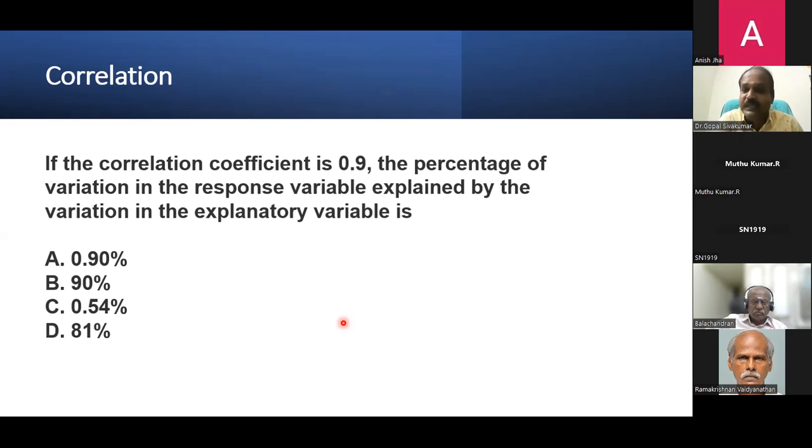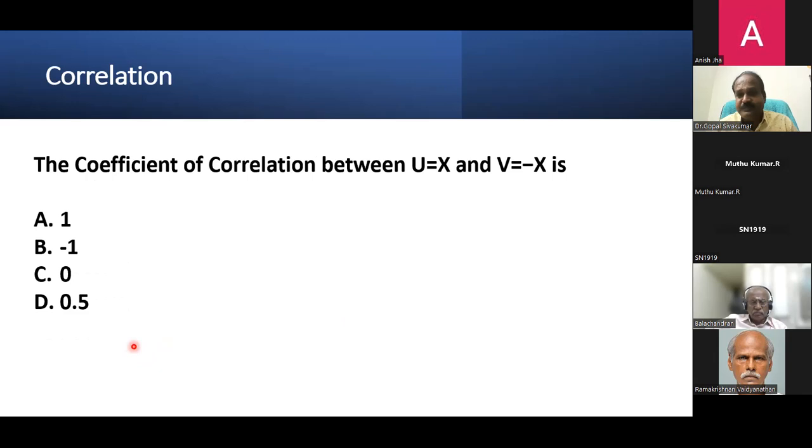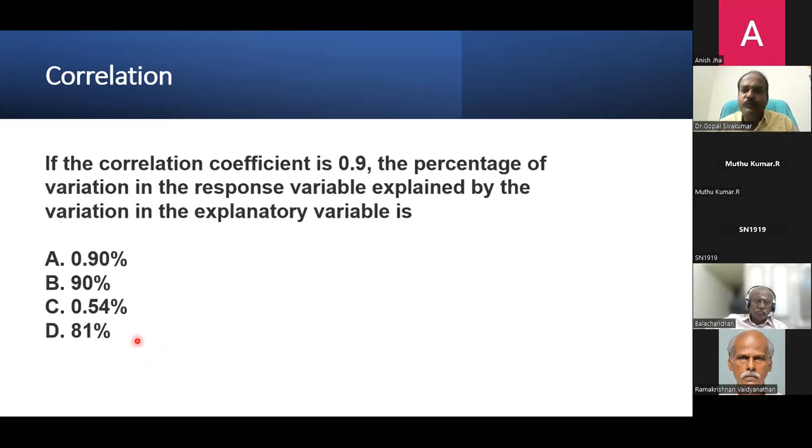You need the coefficient of determination, R square. R is 0.9, so R square is 0.81. The variation in my y is explained by the variation in the x to the extent of 81%. So we are using R square here. R is 0.9. R square is 0.81, which is mentioned as 81%.